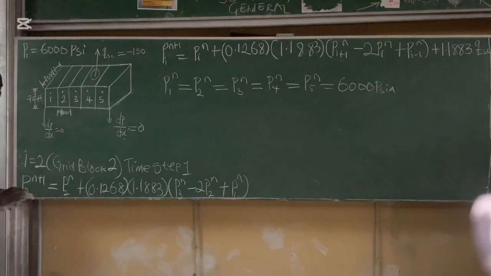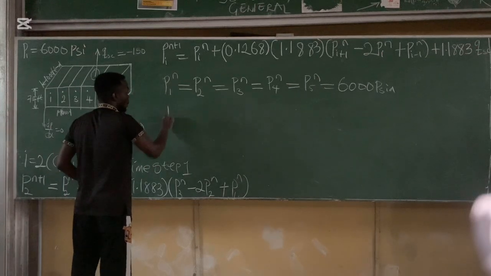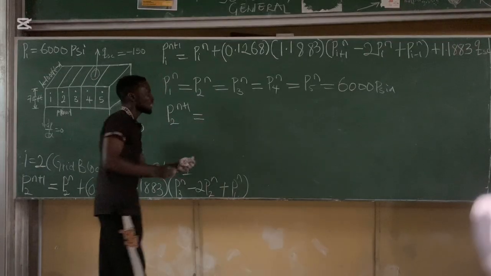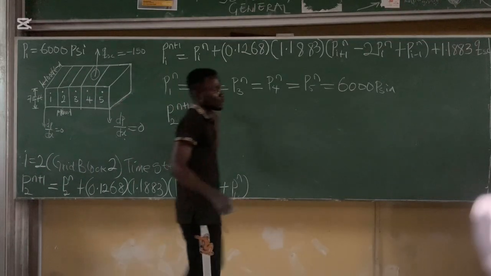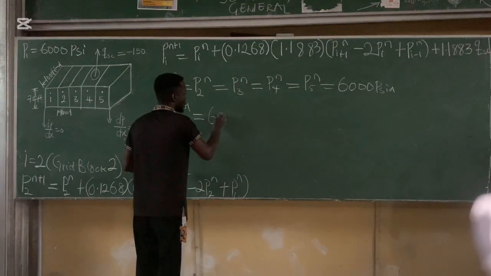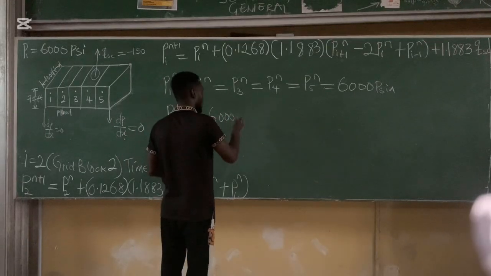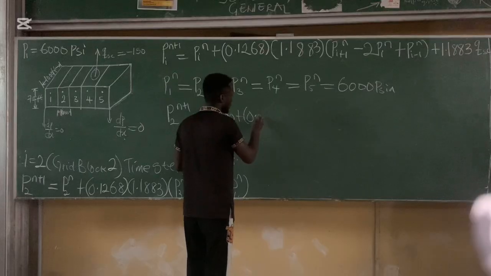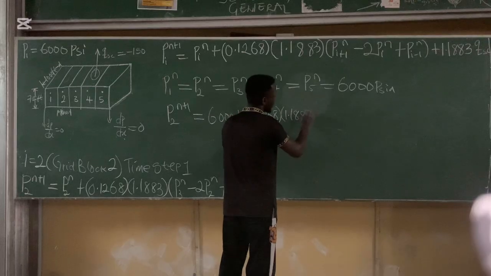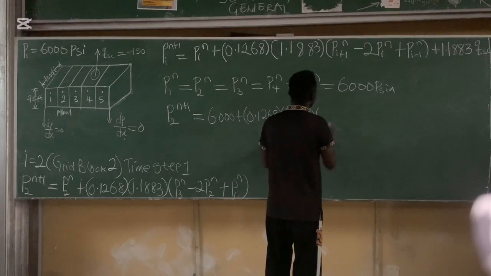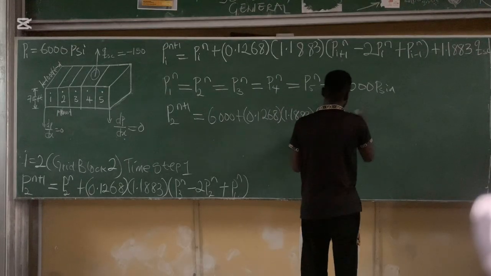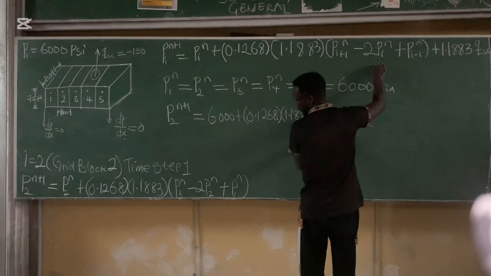So next step now, substitute the values. If we substitute values, we are going to have P2^(n+1) is equal to, we said for time step 1, for all of them it is constant, equal to the initial reservoir pressure. So P2 is 6,000 plus open bracket 0.1268 into 1.1883 into P3, which is 6,000, minus 2 into P2.